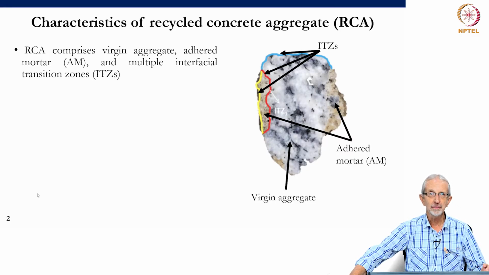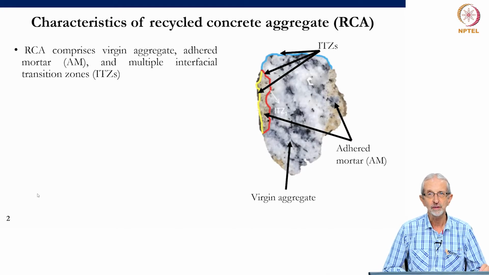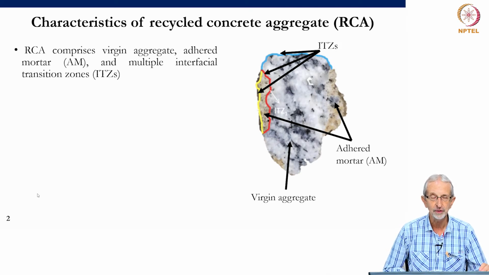The multiple interfacial transition zones arise from the fact that the adhered mortar, which continues to, as the name implies, adhere to the original aggregate particle, has its own ITZ, and then when this particle is included into a new concrete mix, an additional interface is created, and sometimes this may happen on a few or several occasions, and then you actually even get multiple ITZs.